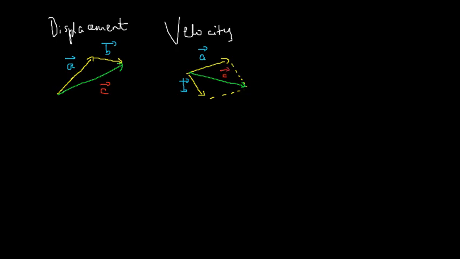So it looks like there are two ways of adding vectors, but actually those two ways will work for both displacement and velocity. Now let's have a look at this displacement example. Can I also use this parallelogram method for the displacement instead of using the triangle?